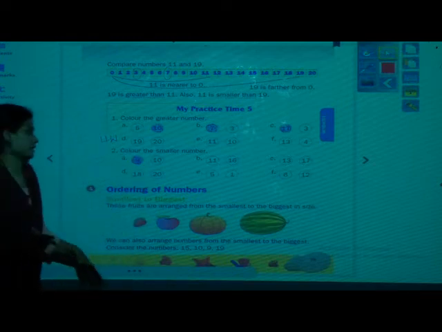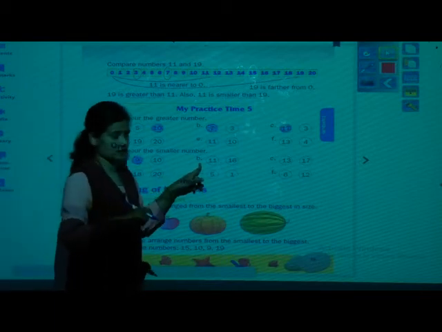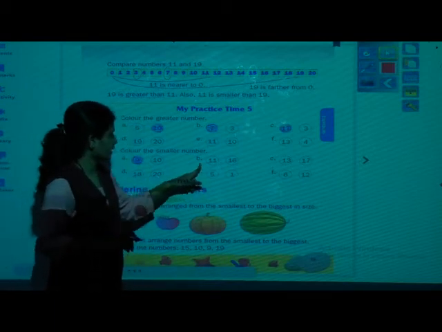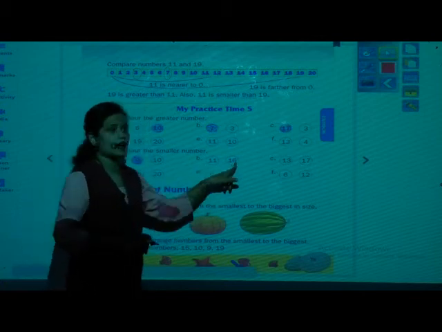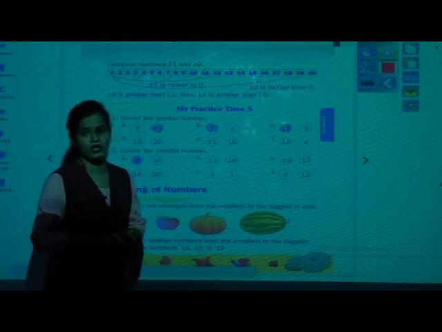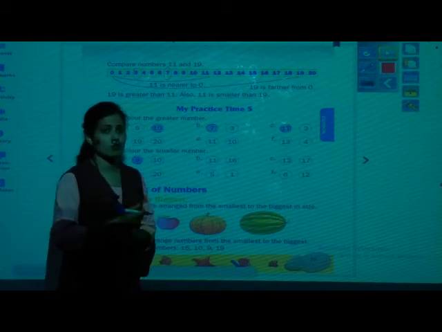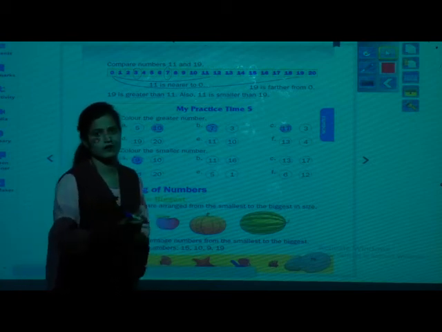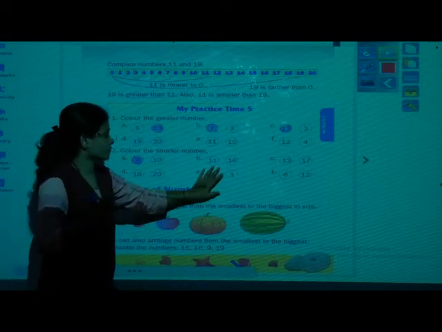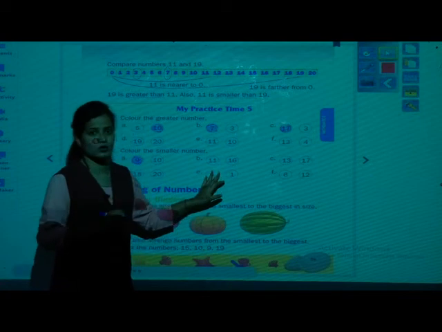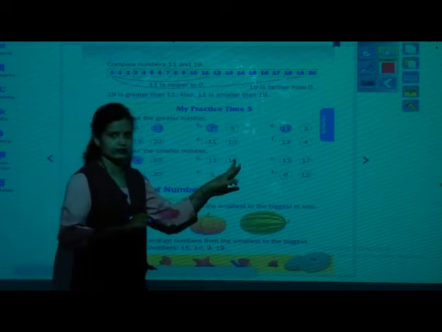Got it? Next, B. First pay attention, afterwards you will get time to write. 11 and 16. Which is smaller? Who comes first? Who is near to 0? Now we have to color the smaller number. So which is near to 0? 16?